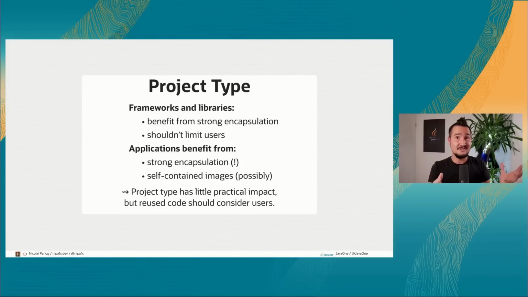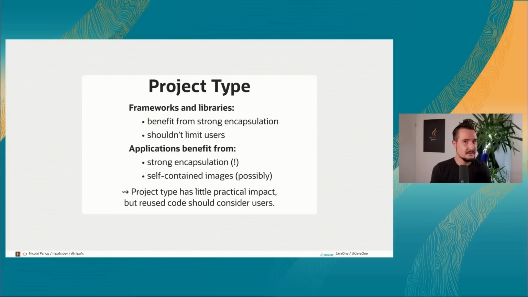All of those pieces of information, they will be gone. So if I encode them in the module system, I will also benefit from that. And any non-trivial code base is probably split up into a number of jars already. And being able to erect the boundaries of strong encapsulation between those jars also has a lot of value. And that makes me think that the project type also has little practical impact on the consideration, do you want to use modules or not?